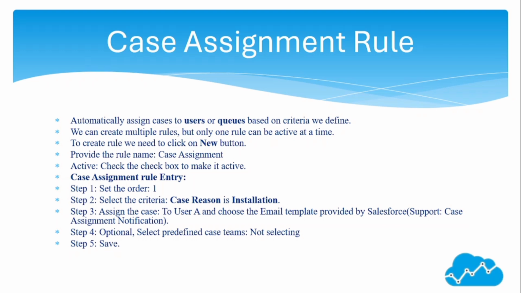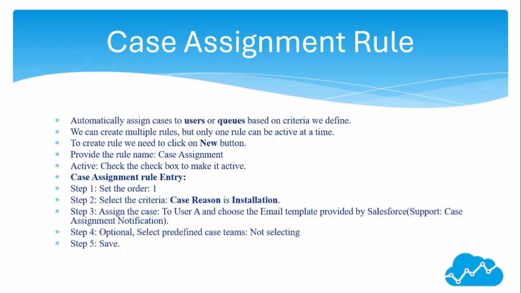Case assignment rule entry. In step 1, it is asking to set the order. We are going with 1. Step 2, select the criteria. Here we are taking the criteria case reason is installation. In step 3, assign the case to user A, as we have a user in our organization by the name user A, and choose the email template provided by Salesforce.